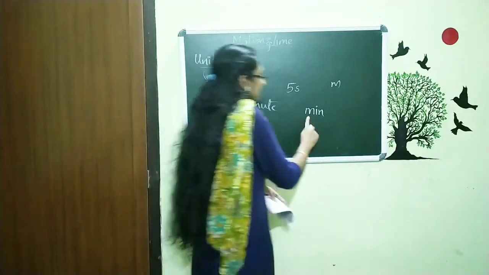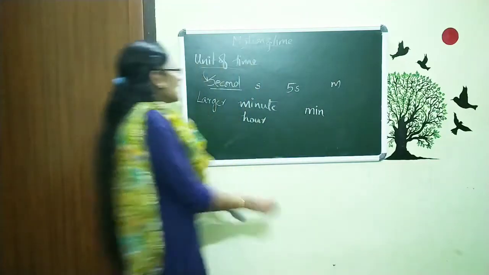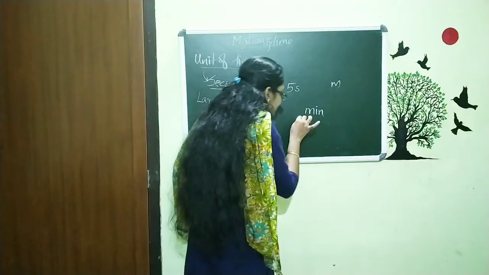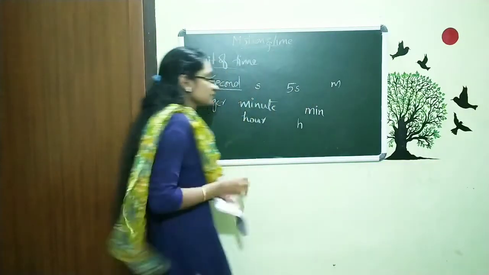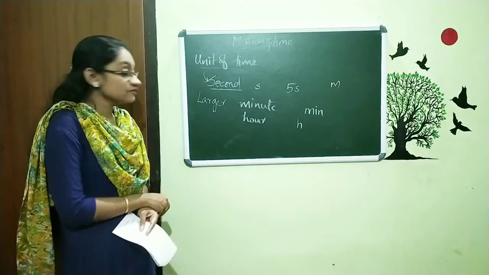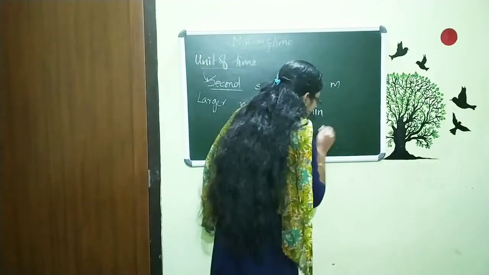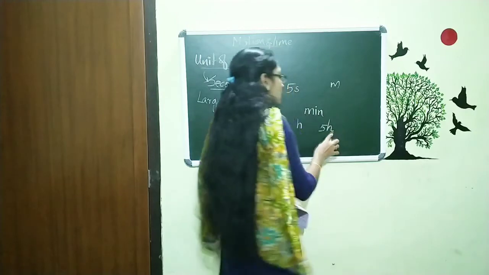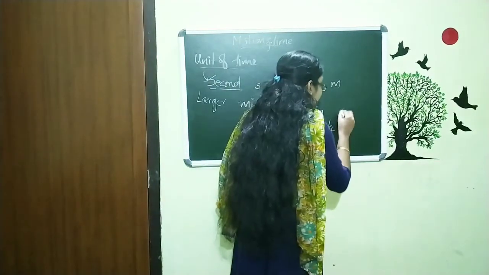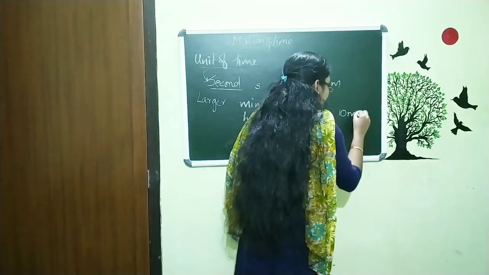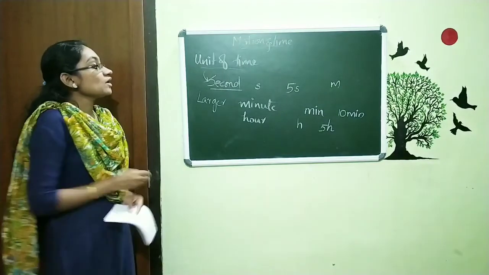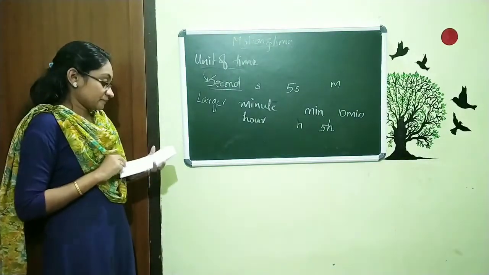That's why we use min for minute. And for the hour, we use the small letter h. So when we want to write 5 hours, we write 5 h, and 10 minutes is written as 10 min. So this is about the units of time.